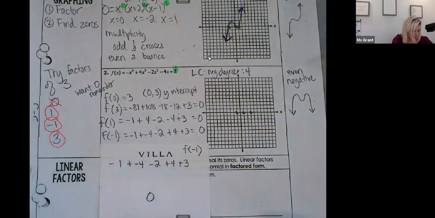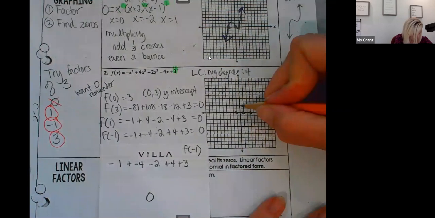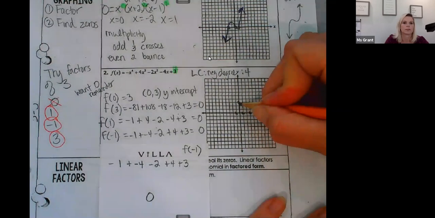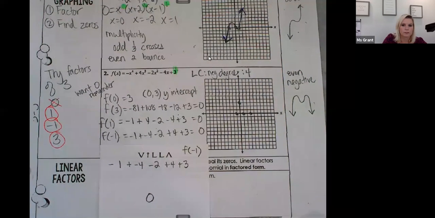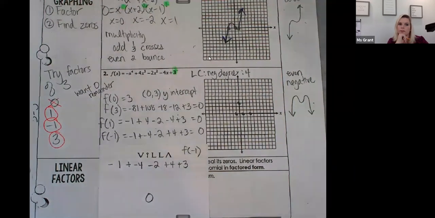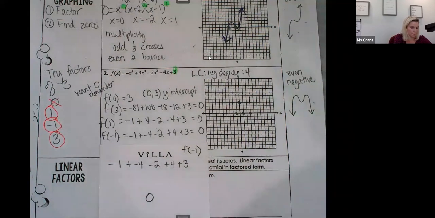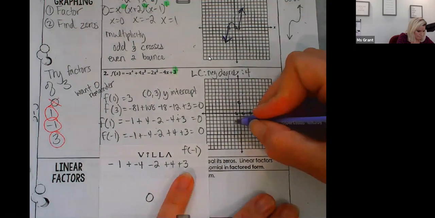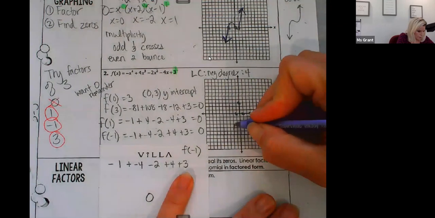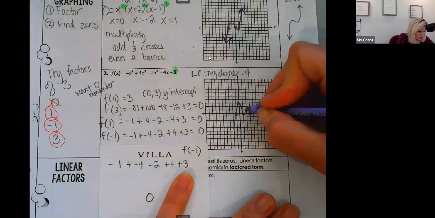I know a y-intercept, 0, 3. So now, this is generally the shape of my graph. It's going to come up and down.